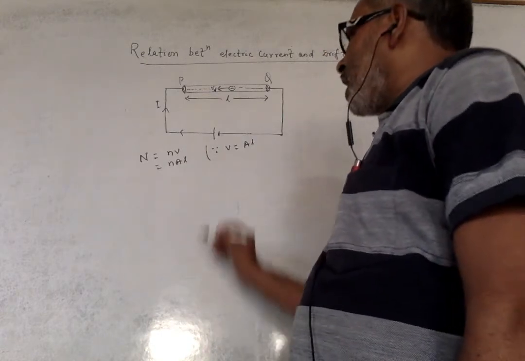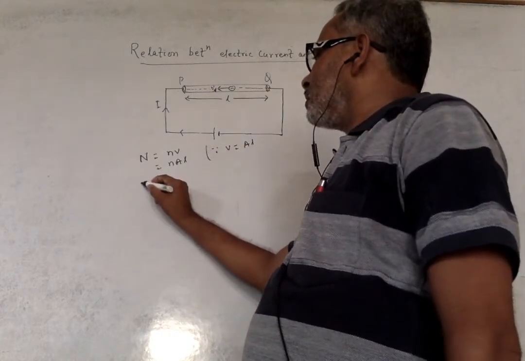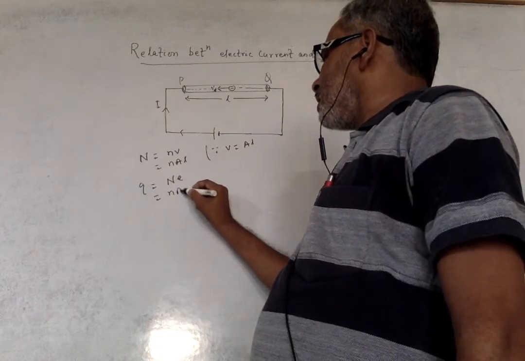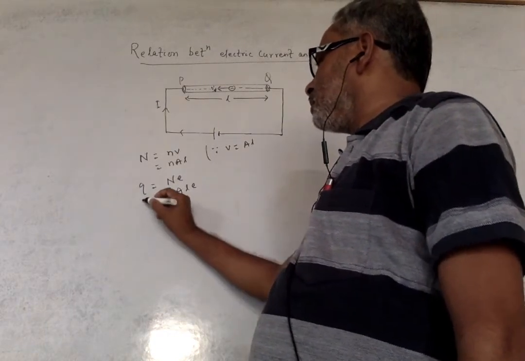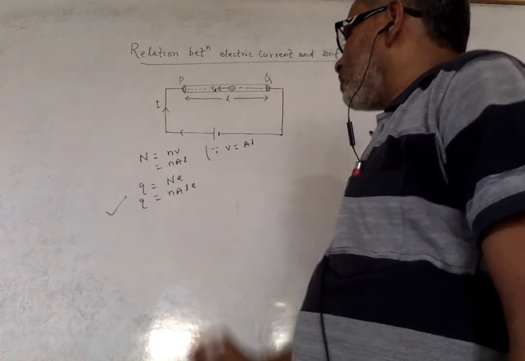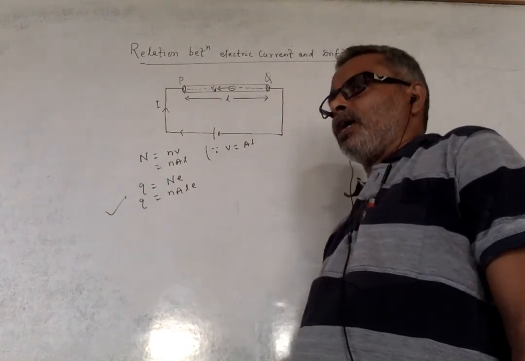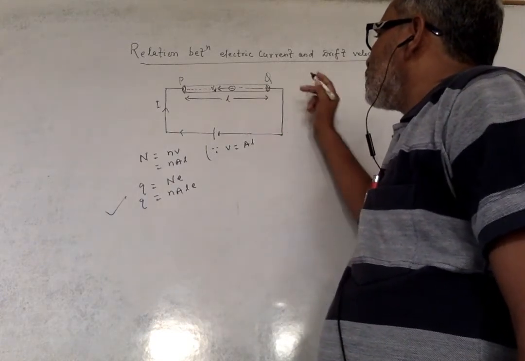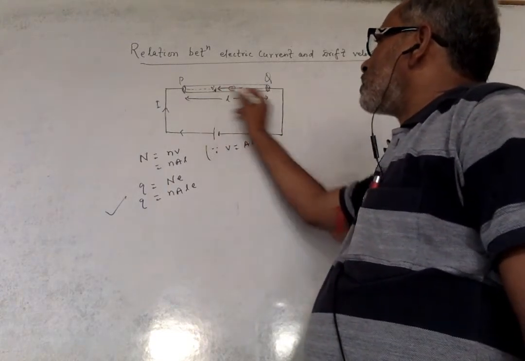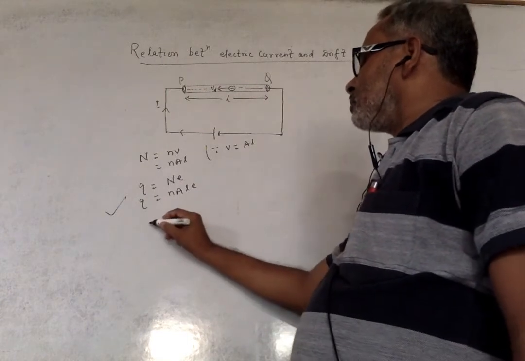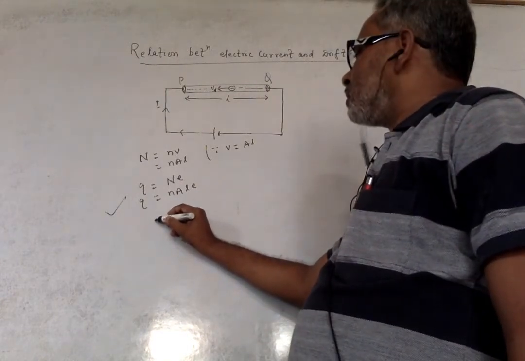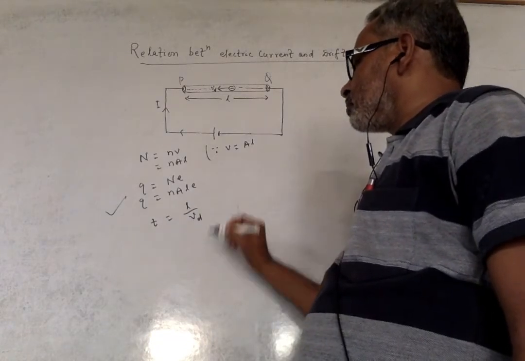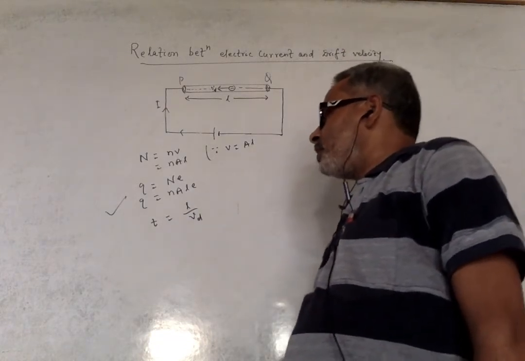Therefore, total charge of the conductor Q equal to Ne, Q equal to nALe. The time taken by the electron in crossing the conductor, T equal to L by Vd.